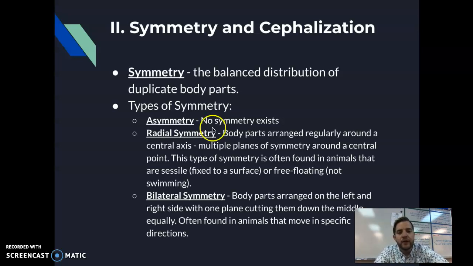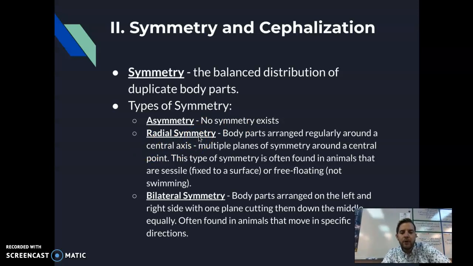They don't have symmetry. Radial symmetry is a situation where the body parts are arranged around a central axis. So most radial symmetry organisms are circular-ish shaped. So they're things where I can cut the body in multiple planes, and all of those things are going to look the same. So a radial organism is symmetrical around a center point, much like a star or a circle or anything like that.